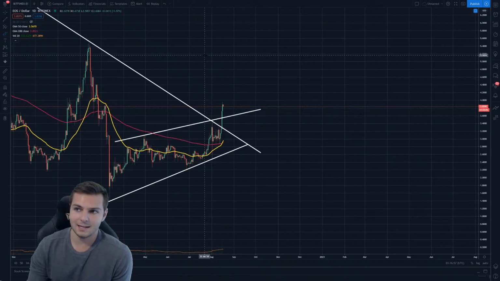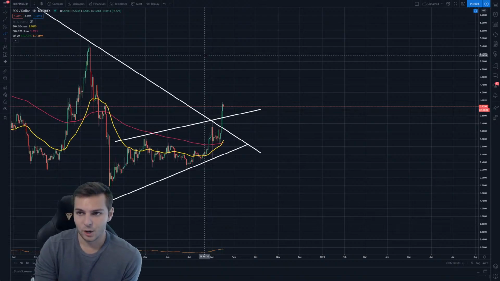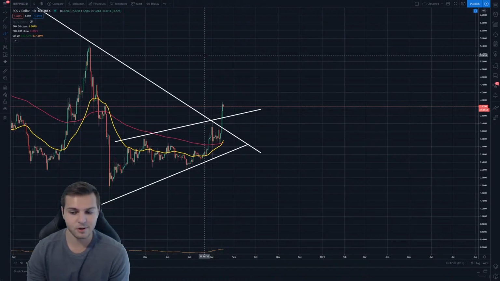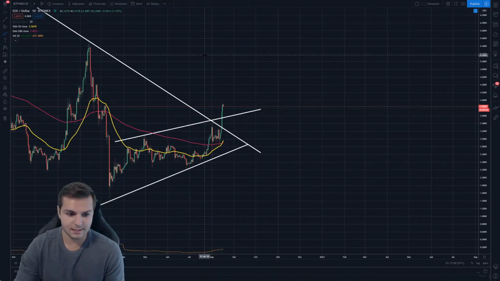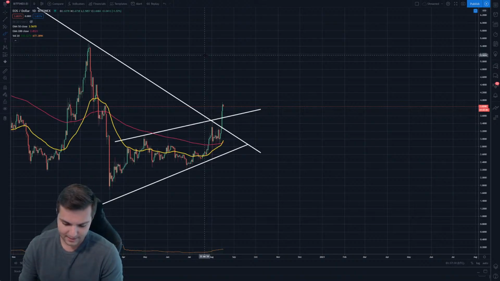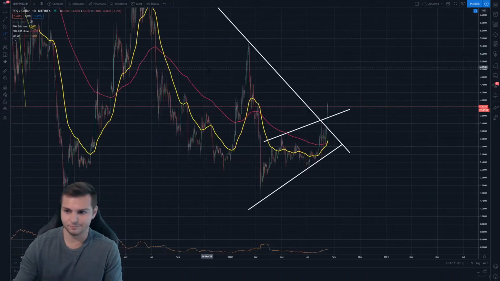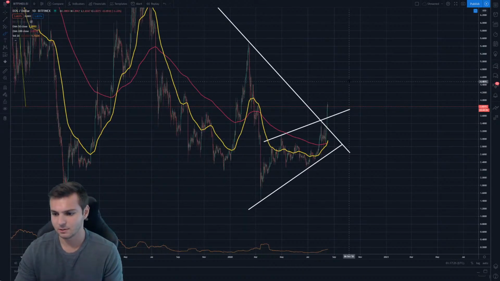I think at some point it's going to be problematic for Ethereum because of how steep the transaction fees are. I mean, it's ridiculous. So I don't know. Something's going to have to happen. I think that hopefully Ethereum 2.0 can help out with that. We will see. But as of right now, EOS is looking solid.